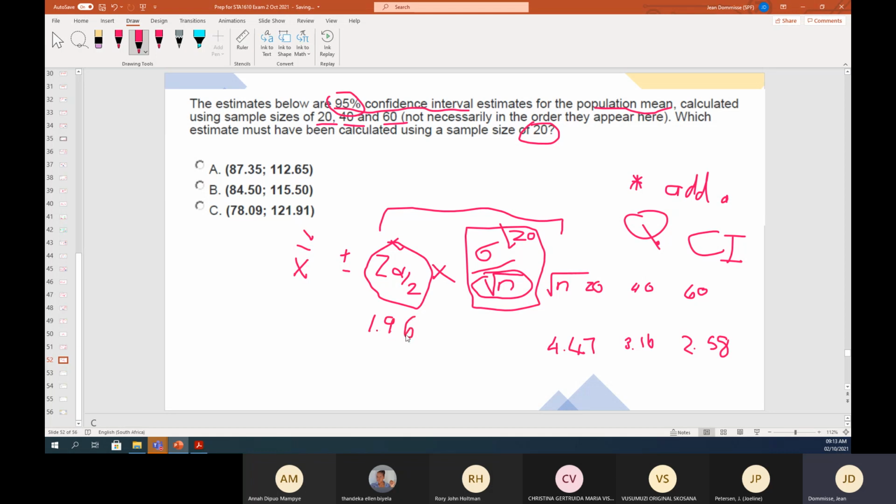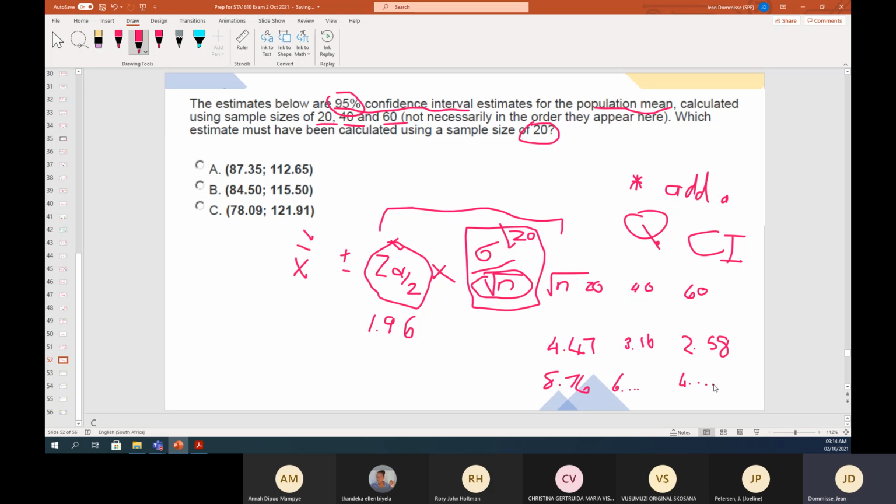So 1.96 times 4.47, we get 8 something. 3.16 times 1.96, we get 6 point something, and for that one we will probably get 4 point something.